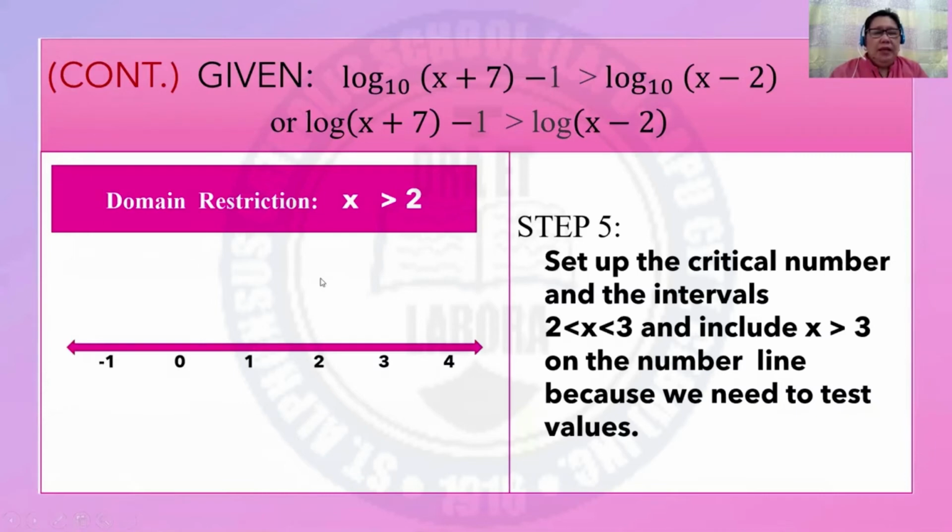So this is the number line, and we have 2 here, 3, and the original inequality in the given is greater than, so it's an open circle. So this region here is between 2 and 3, and this region is greater than 3. And we will not include this because this is already less than 2. We need only x greater than 2.